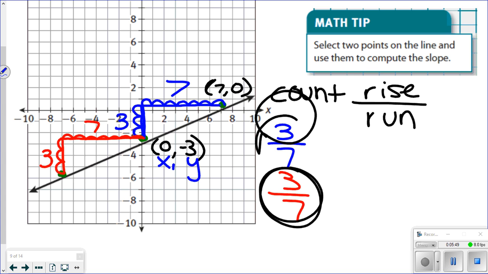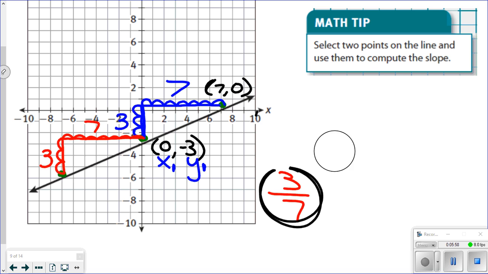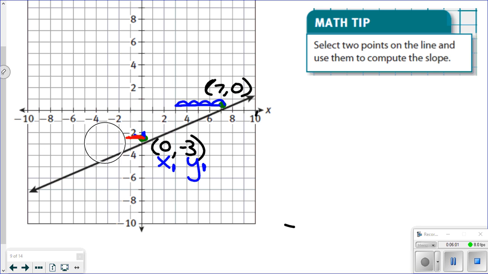This is my first point, so they both get little ones. X1, Y1. Up here, my second point on my graph is the (7, 0). Now we can label that as X and Y again, but this is my second point, so they would get little 2's. X2, Y2. Okay, so X1, Y1, X2, Y2. Hopefully that makes sense to you.